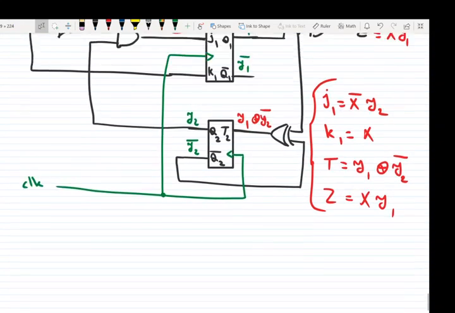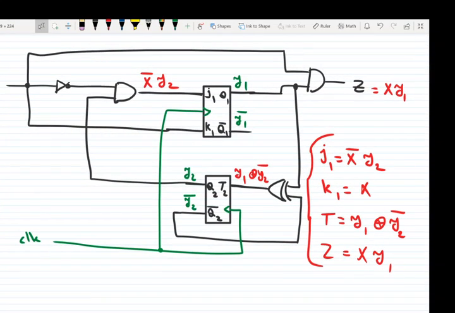Now, what's the next step? Because we have two flip-flops, no matter what kind, we need a state table for each individual flip-flop: one state table for each flip-flop, one state table for the output, and then combine these three state tables.